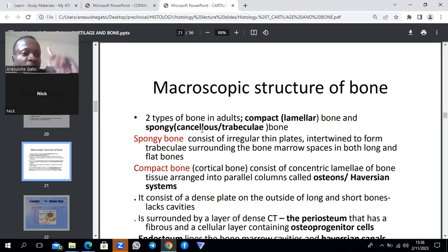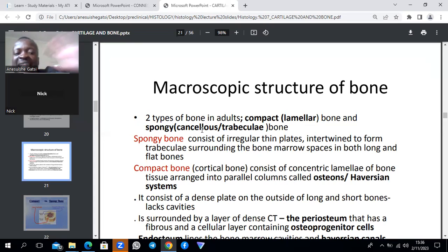Right. Then remember I said cartilage and bone are brothers. In cartilage, we had perichondrium surrounding the cartilage, which was dense irregular. For bone, we now have periosteum, also dense irregular connective tissue. Perichondrium had an inner cellular layer and an outer fibrous layer. It's going to be the same for periosteum.